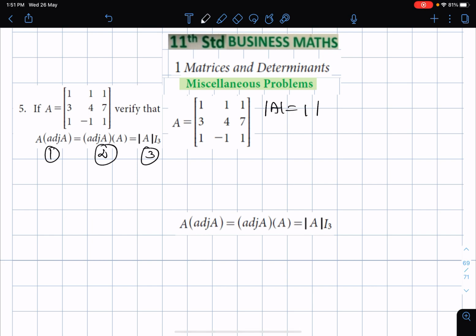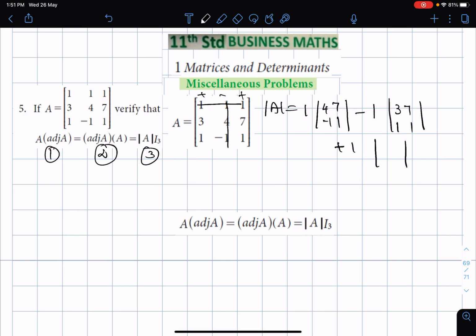Okay, 1 into first minor, so plus minus plus, minus again 1 into the second minor, plus 1 into our third minor. So first row, first column, when you eliminate you will get 4, 7, minus 1, 1. Then when you eliminate the second column you will get 3, 7, 1, 1.